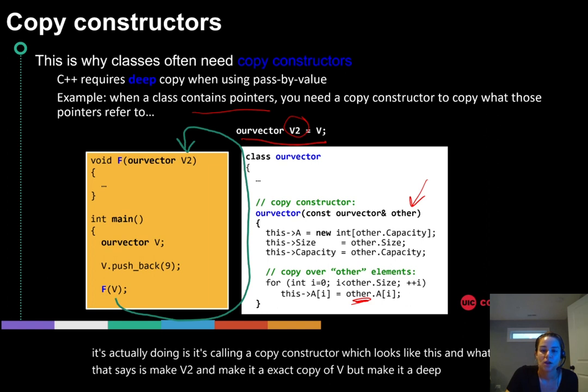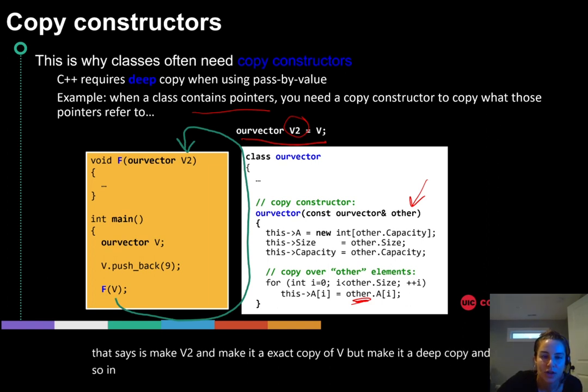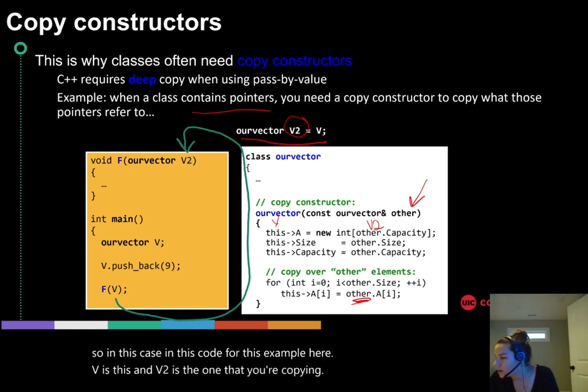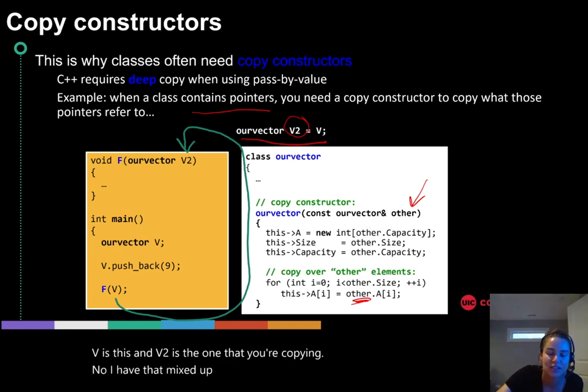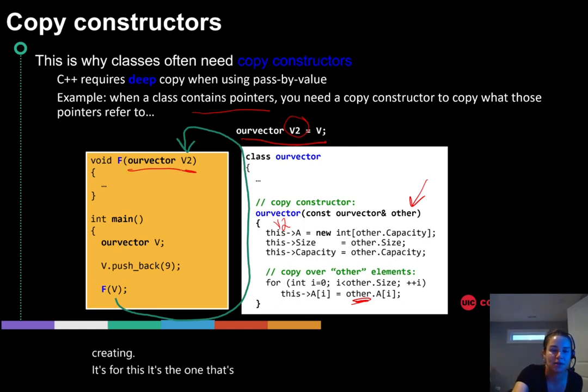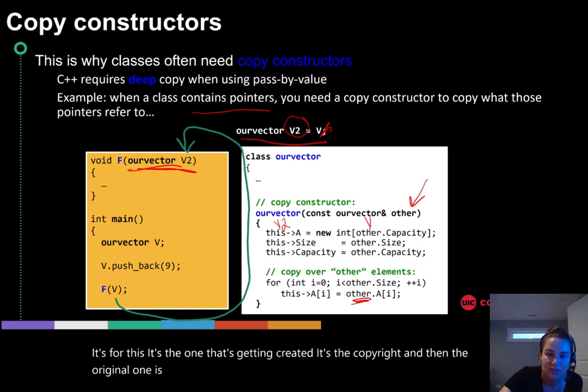In this code, for this example here, v2 is the new one that you're creating. It's the one that's getting created, it's the copy, right? And then the original one is v, and so other is v.